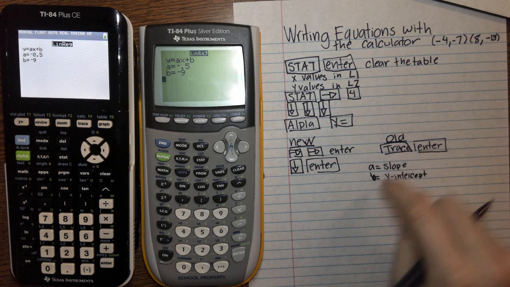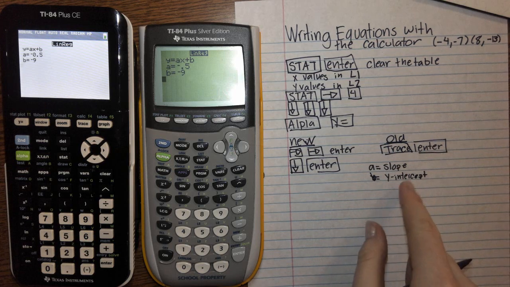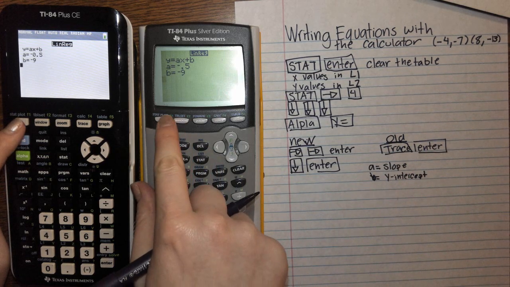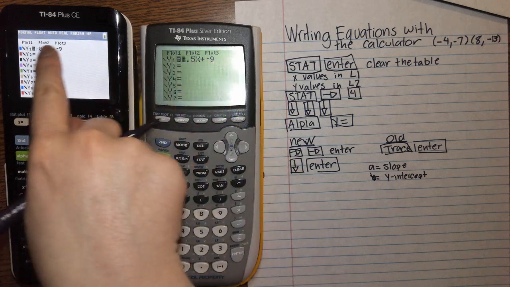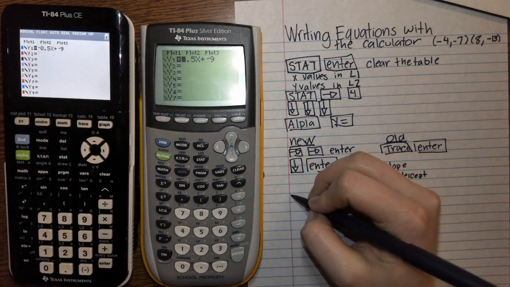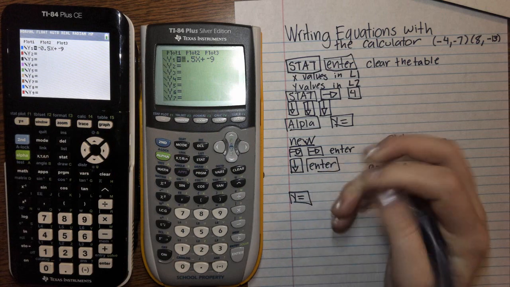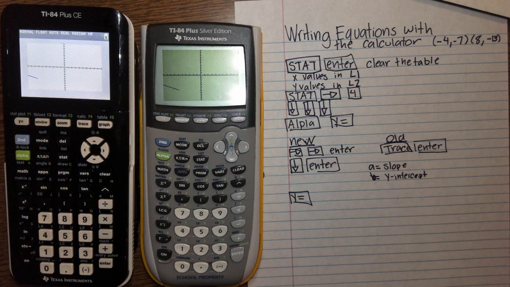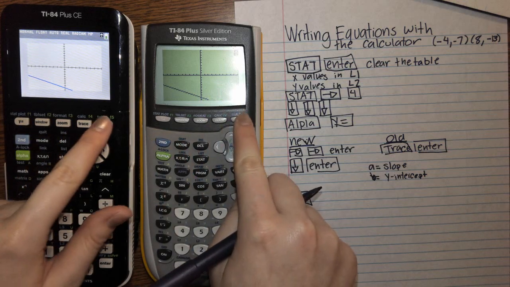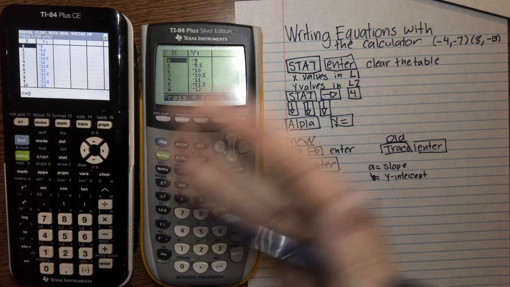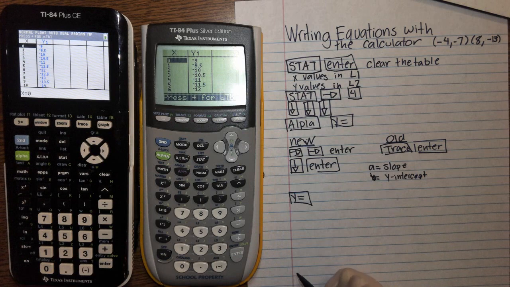But rather than have to plug that into y = mx + b and write the slope by yourself, what you can do is click y equals, and it puts it right into the calculator for you. Okay? So then you could go and look at the graph, or you could look at the table. It's already in there for you, which is pretty awesome.